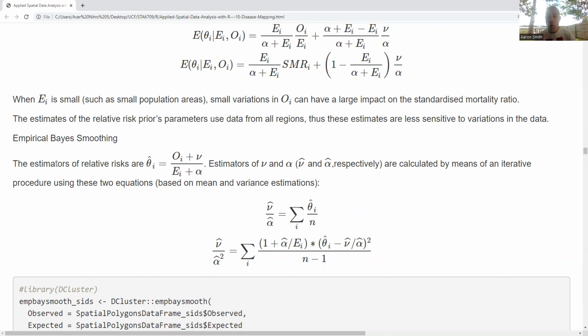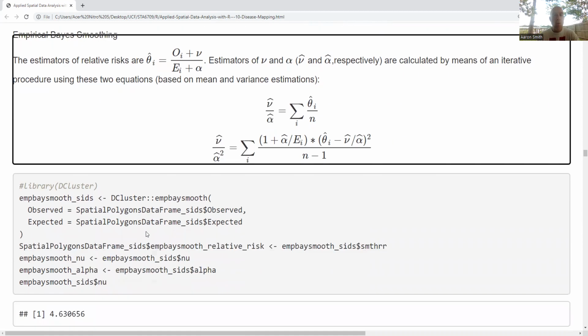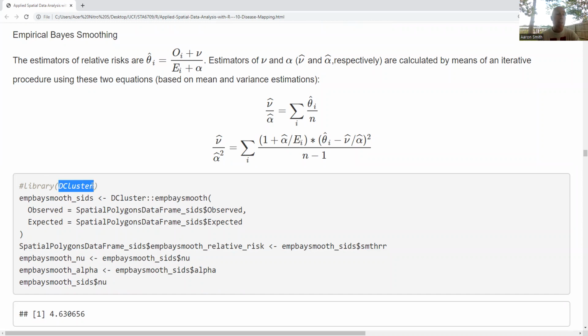So I'm going to be using R code to do this now. Here is our relative risk estimate. Here's our estimated expected value, and here's our estimated variance. Here's how we compute it. And here, we're going to use the DCluster package, empirical Bayes smoothing.